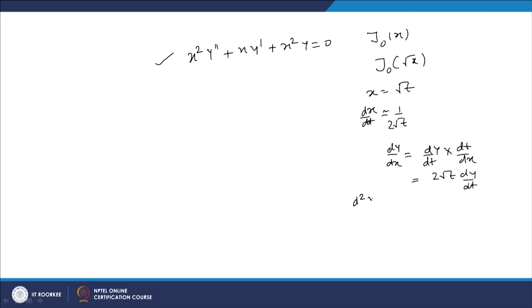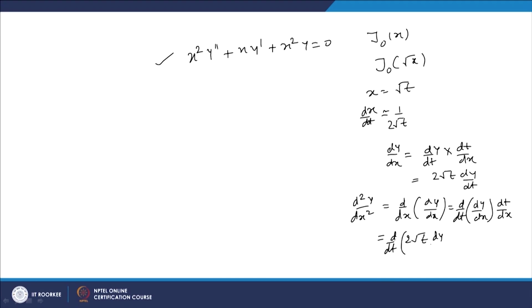Similarly, you want to find d2y by dx square. So, it is d by dx of dy by dx, and this is d by dt of dy by dx into dt by dx. So, d by dt of dy by dx, which is 2 root t dy by dt, into 2 root t.